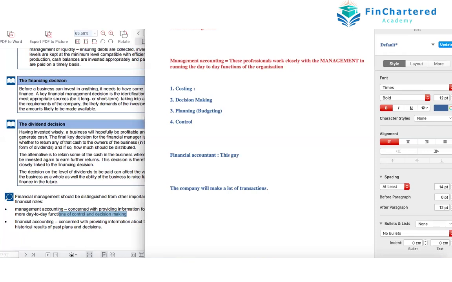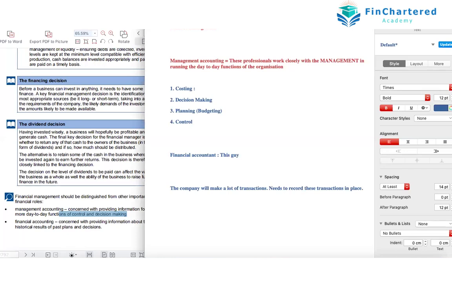Somebody has to record those transactions in the right place. Yes, Manya, you're right, but it will go in a lot more detail. I mean, there is a lot more you will look at, right? This company will make a lot of transactions, and somebody needs to record these transactions in place.